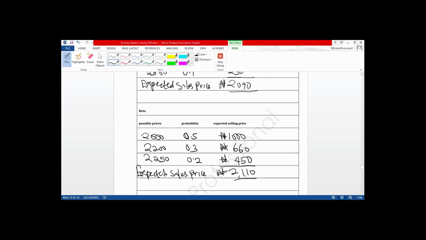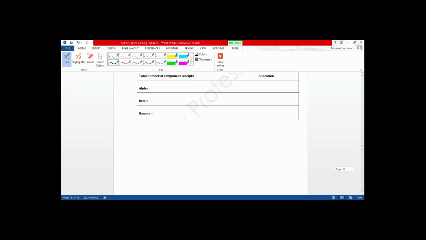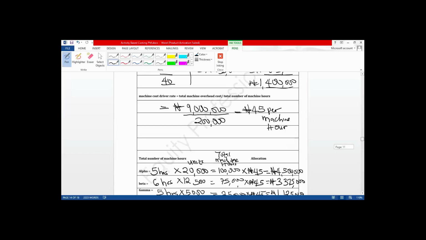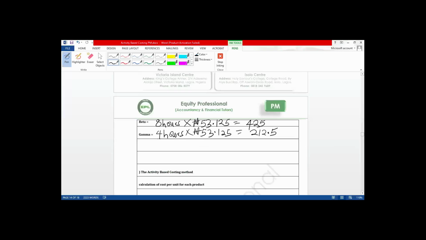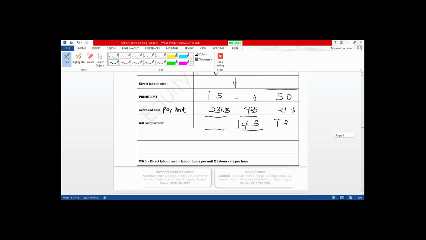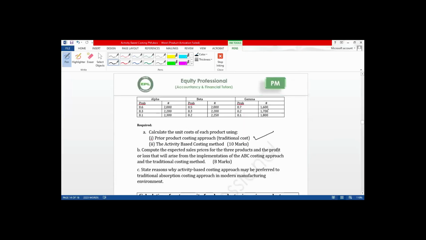You can now go to the last product. But let me call it for you. Gamma, 1,600, 1,700, 1,800. Probability 0.7, 0.2, 0.1.